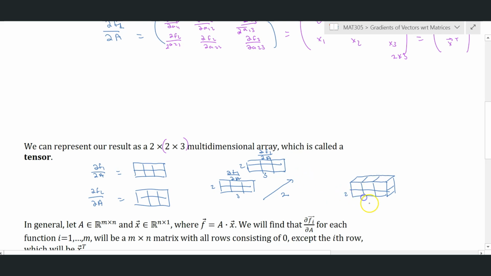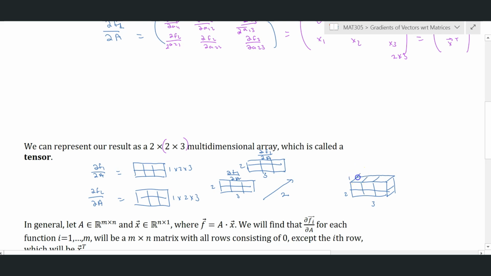So this is a 2 by 3, and this is a one-dimensional extension, right? Because it's technically a 1 by 2 by 3. It's just a 1 by 2 by 3.